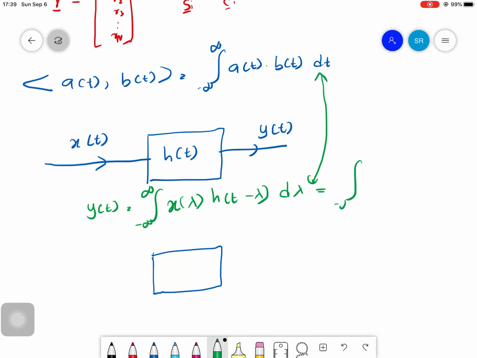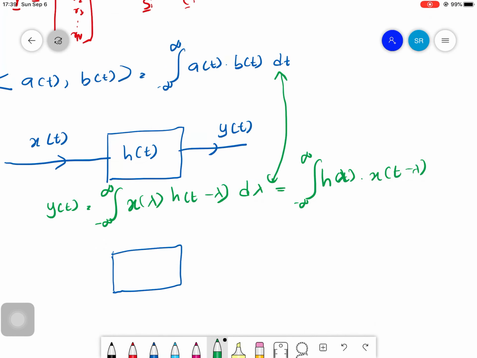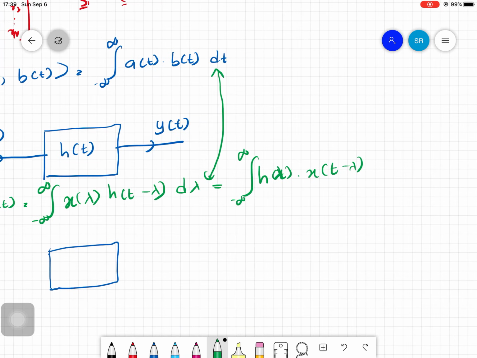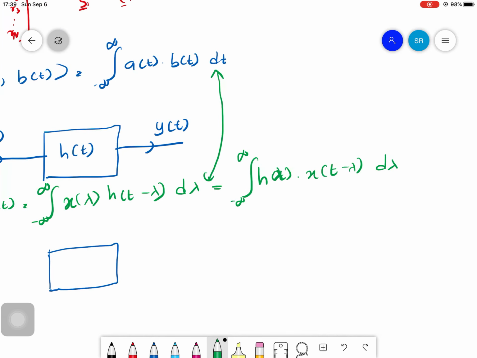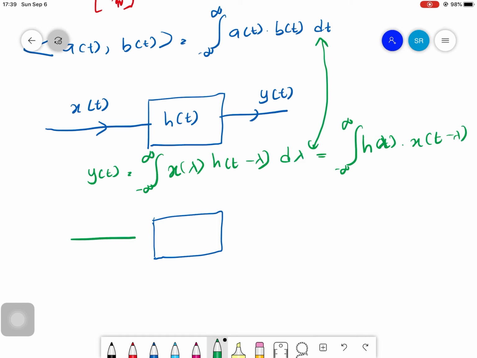In the same way I can write it as the integral from minus infinity to plus infinity of x(lambda) h(t minus lambda) d lambda. Observing this, I'll make a slight modification to implement the inner product using a linear time invariant system. I feed A(t) as before, but I use this as B(T minus t).